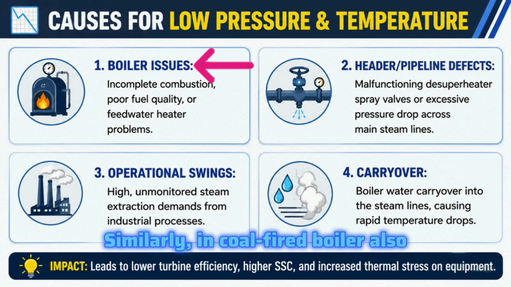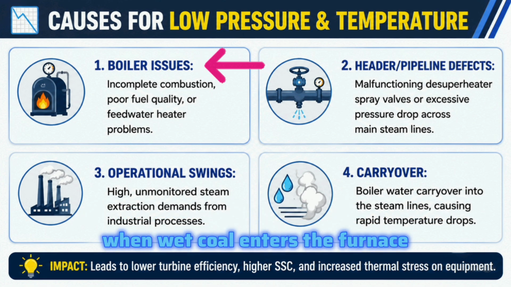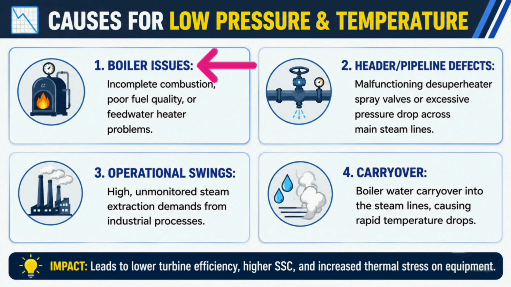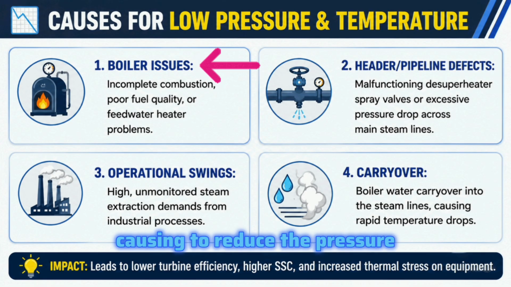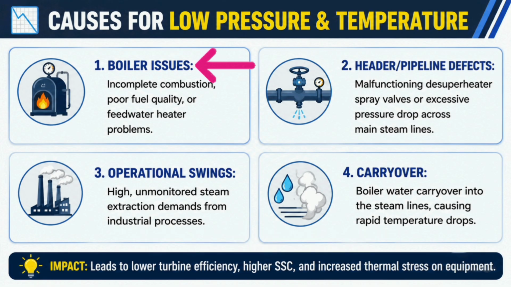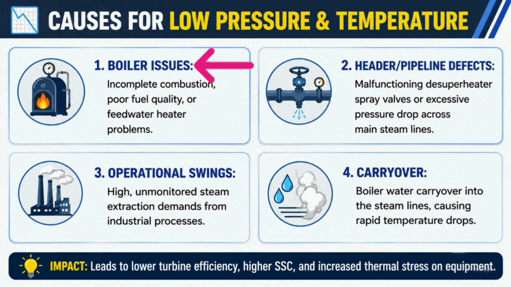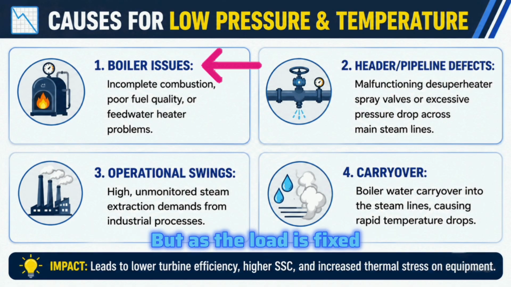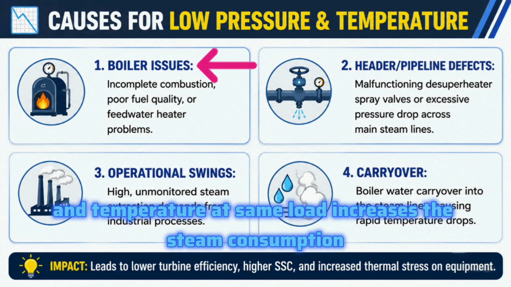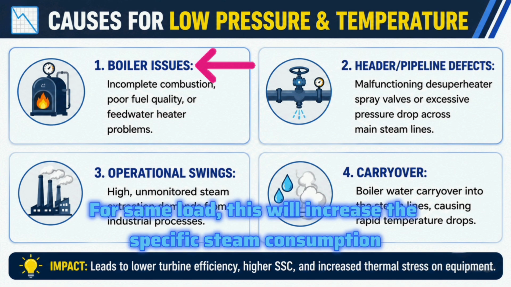Similarly, in coal fired boilers, when wet coal enters the furnace, it lowers the furnace temperature, causing the pressure to reduce, and simultaneously the temperature of the main steam which enters the steam turbine. But as the load is fixed, this lower pressure and temperature at the same load increases the steam consumption. For the same load, this will increase the specific steam consumption.